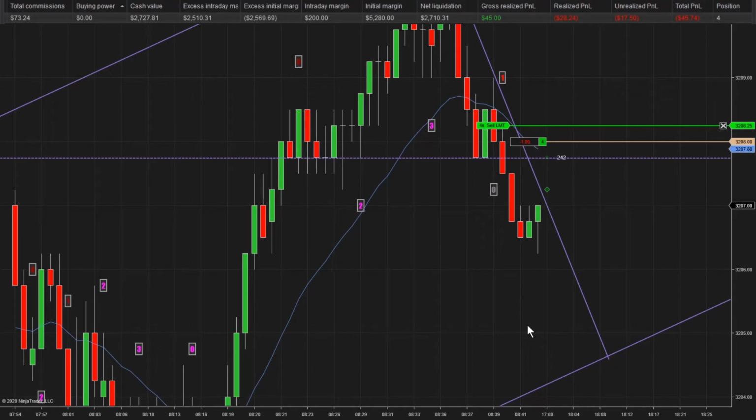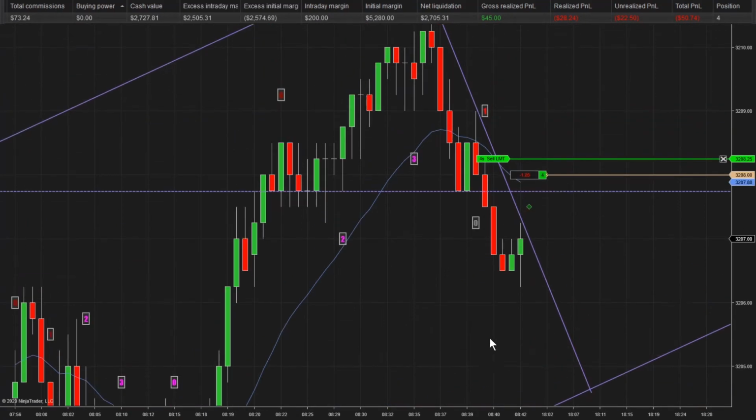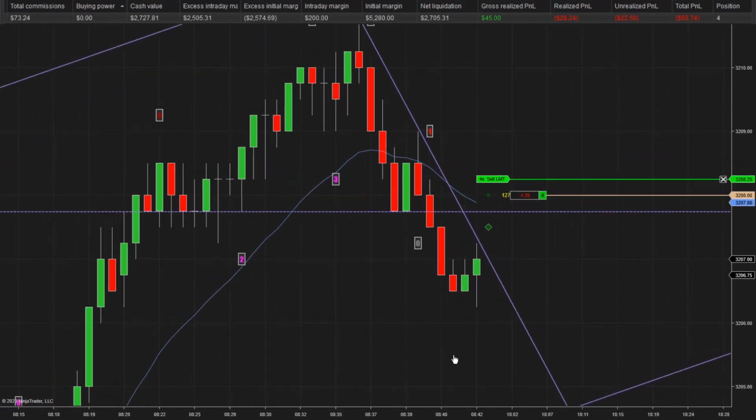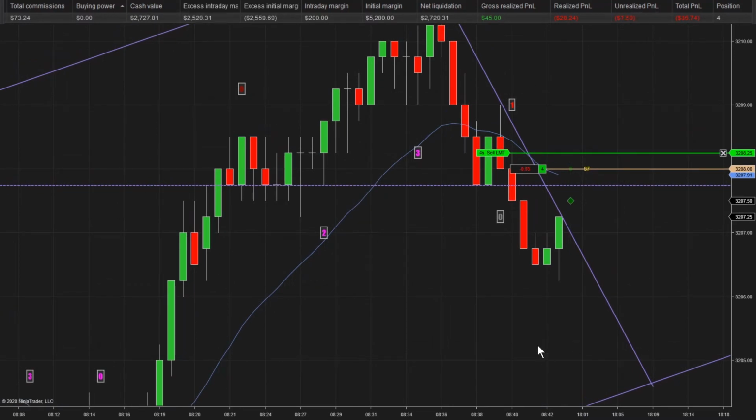Sitting here, waiting for possibly one more scale in. Pretty far down here, but yep, that's my strategy for this market today because we look choppy, very choppy.